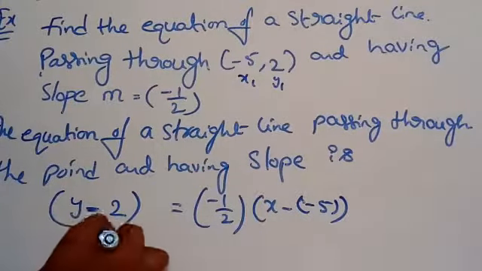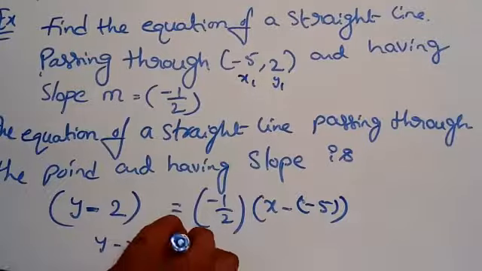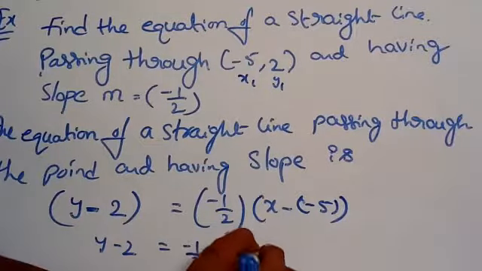So y minus 2 is equal to minus 1 by 2 into x plus 5.